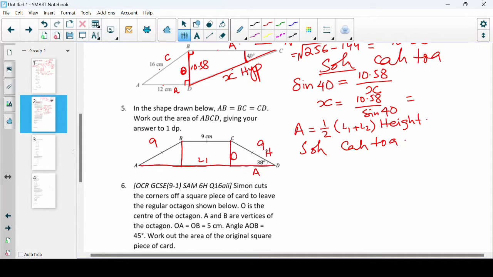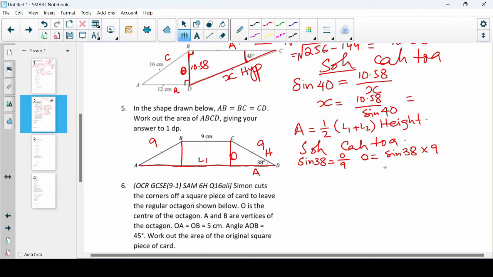So we can use O and H. So sine 38 is equal to opposite over 9, and opposite is equal to sine 38 times 9. So this will give us this height. Opposite is basically the height of this one.